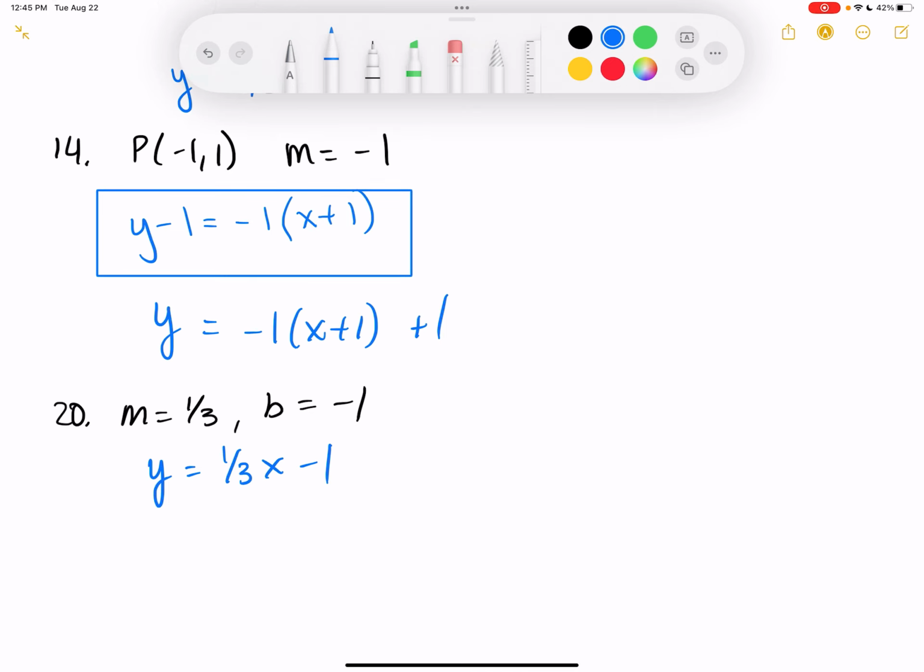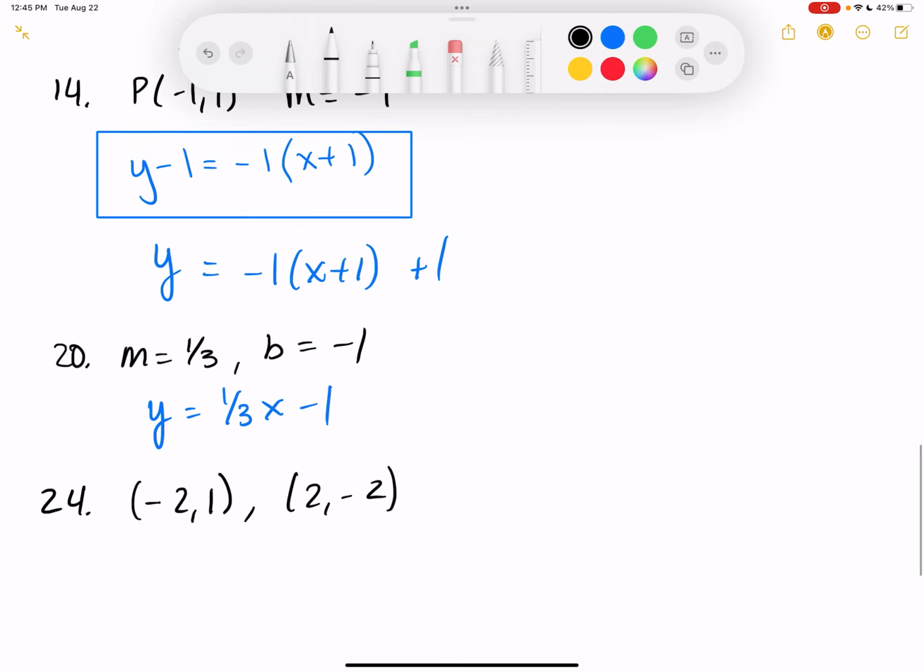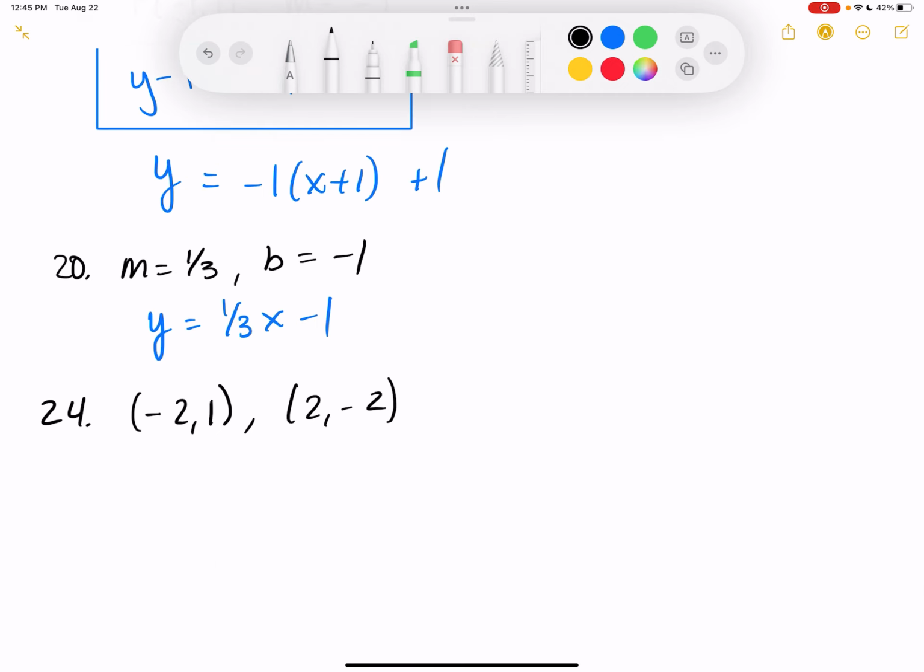Write a general linear equation for the line through the two points. Isn't that just standard form? Yep, standard form. The points are (-2, 1) and (2, -2). Any ideas on what we need to do first?